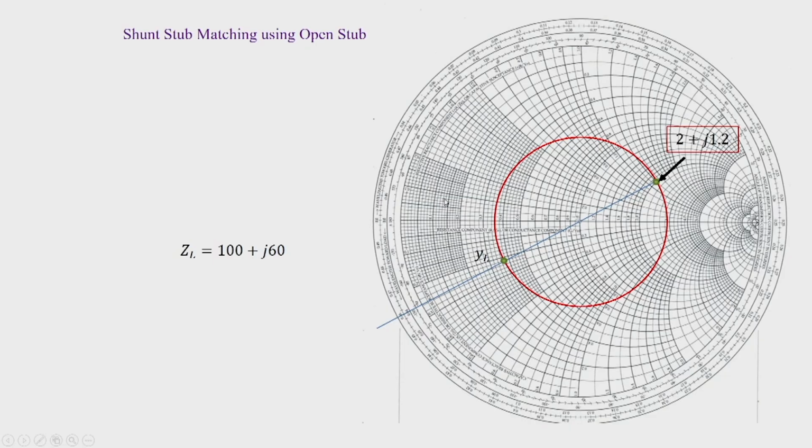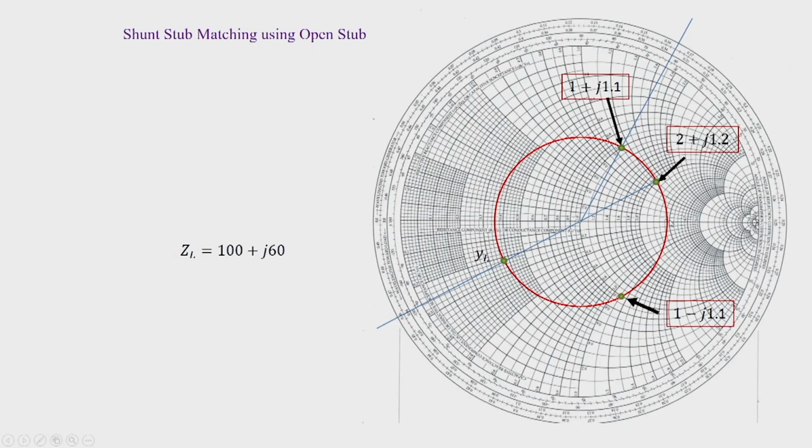Next, what we do? We use this Smith chart as an admittance chart, and as we move from this towards the 1 plus JB circle, we intersect first at this point, which is 1 plus J 1.1, and we draw a line from the center of the Smith chart through this point.